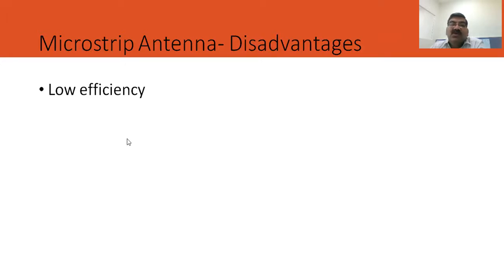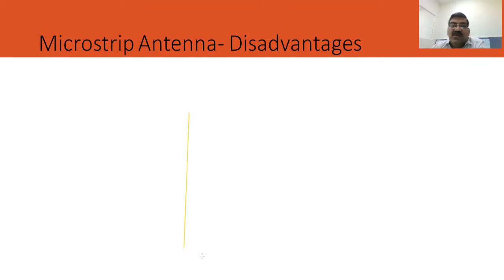Okay, so the question is: detail how the same antenna can be used for different frequency bands. So how can the same antenna be used for different frequency bands? I'll just explain it. Suppose this is one of the antennas, and this antenna is used for one frequency band.